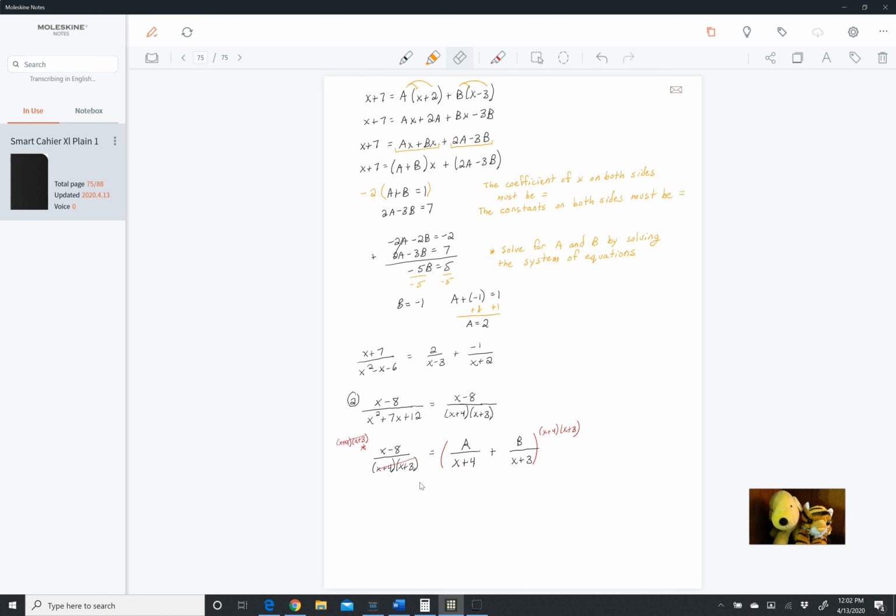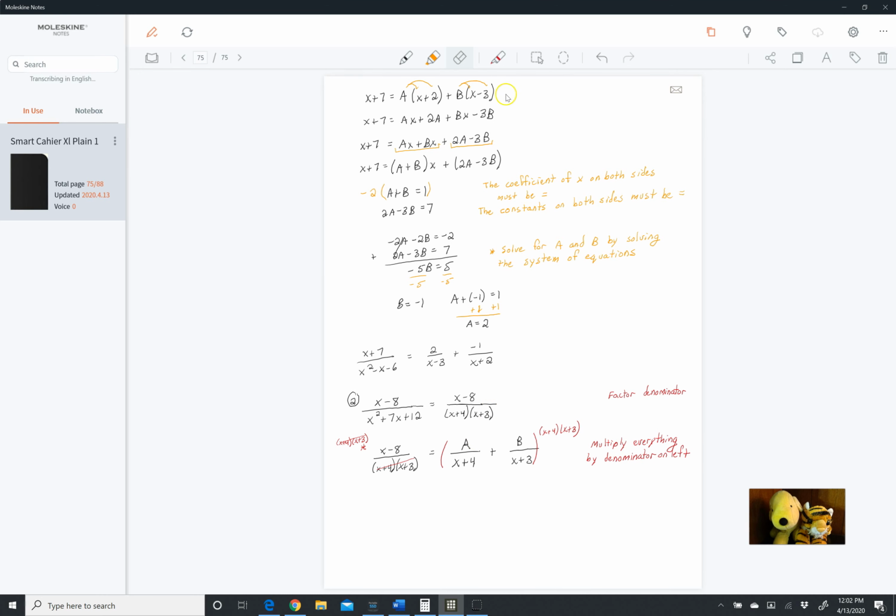Okay, so our first thing was to factor. Our next thing was to multiply by the denominator on the left. This should get rid of all of your denominators. If it doesn't, then you probably did something wrong.